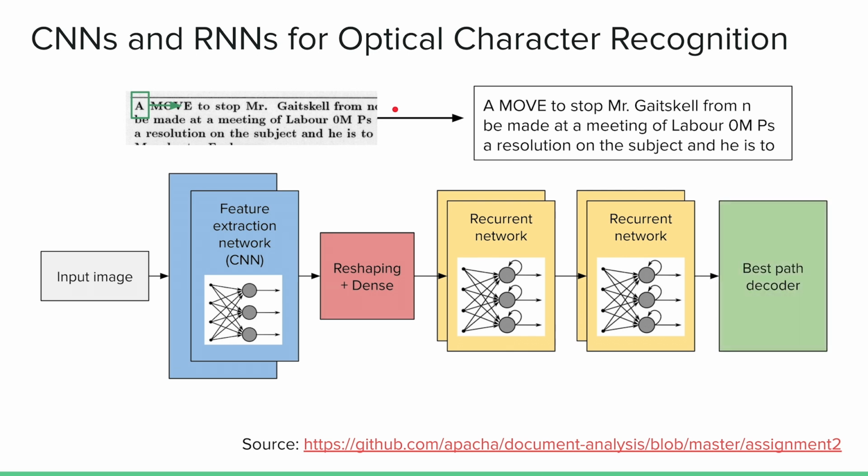And then we use a so-called best path decoder, because there might be repetitions and other things in our output that we need to decode to actually obtain the correct recognition from our input image. And this idea of taking an image, extracting some features, reshaping it, and then feeding it into a recurrent neural network, you will see is a common pattern.